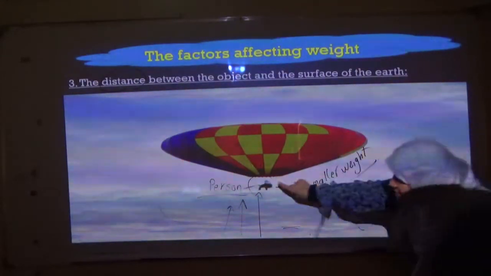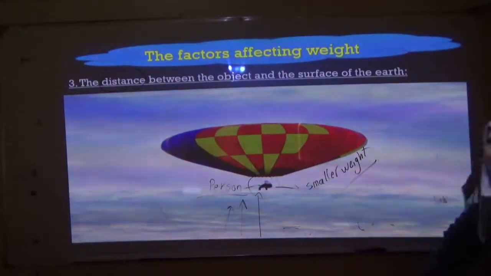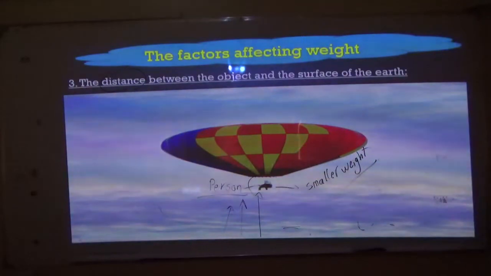But for the same person, when he moves down and he stands on the surface of the Earth, his weight will increase because he is nearer to the center of the Earth. As he moves up, he will be less attracted. The gravity will decrease, the weight will decrease.